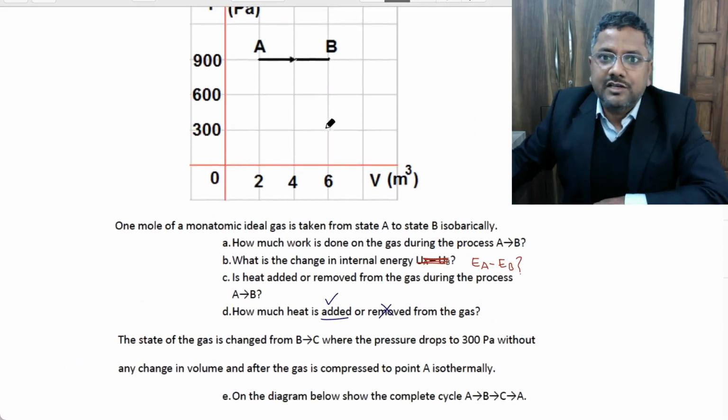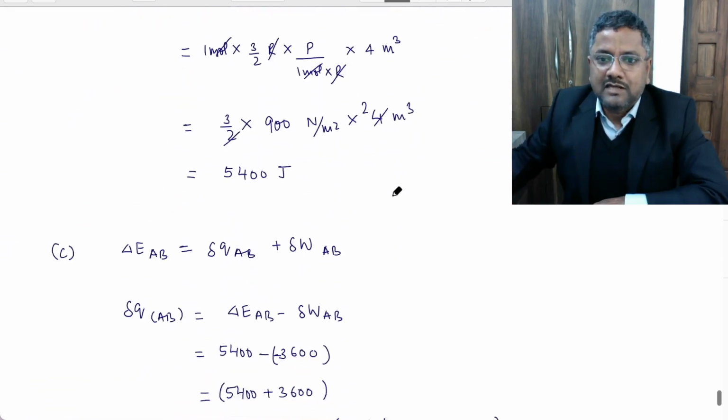After reaching C, we have to compress the gas isothermally to A. And what we have to do? On the diagram below, show the complete cycle A, B, C, A. We have to draw the path basically.